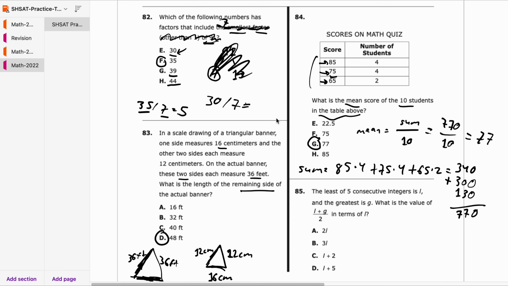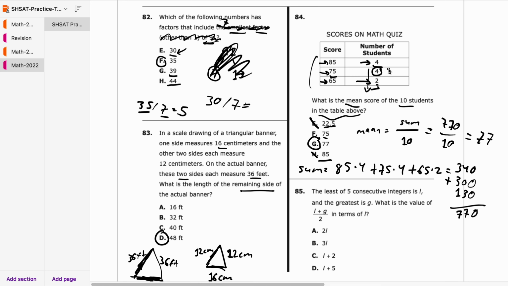Now if you wanted to do this by process of elimination, well, 22.5 is going to be too low, right? Because everybody scored above that, so that wouldn't be the mean. 85 is going to be too high because only 4 students scored that. Everybody else scored lower, so the mean is going to be lower than 85. And then 75 is not right because 4 students scored 75, but more students scored 85 than 65.